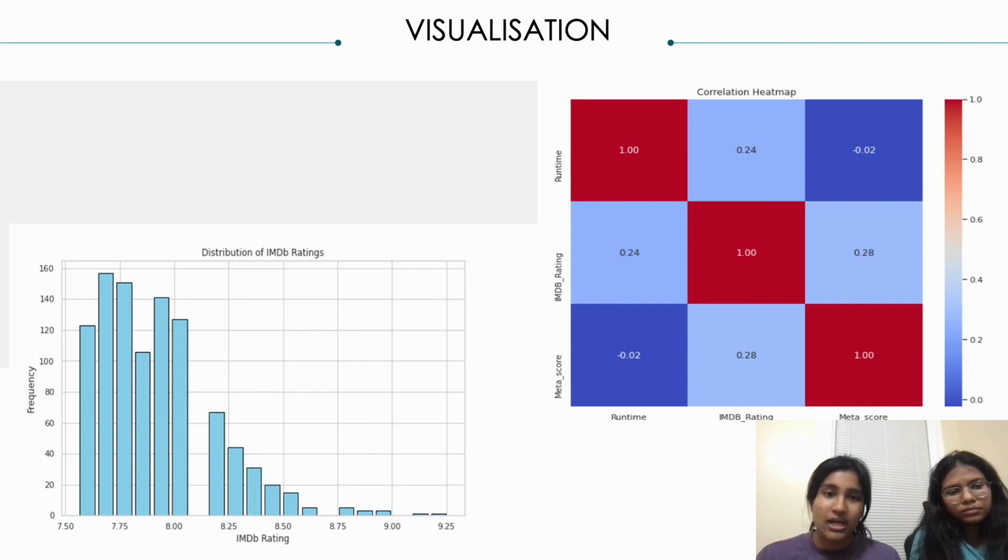The next number, negative 0.02, shows a weak negative correlation between runtime and Metascore. And 0.28 shows the correlation coefficient between IMDb ratings and Metascore.